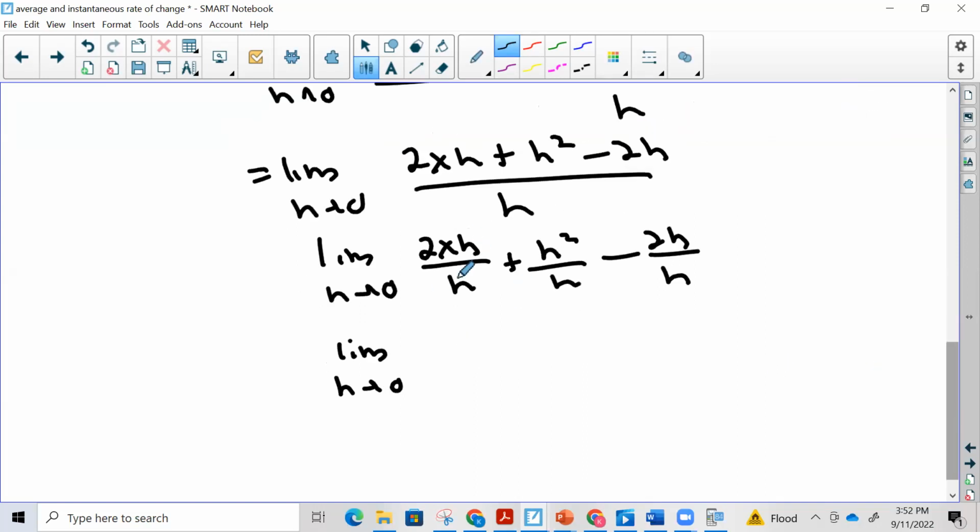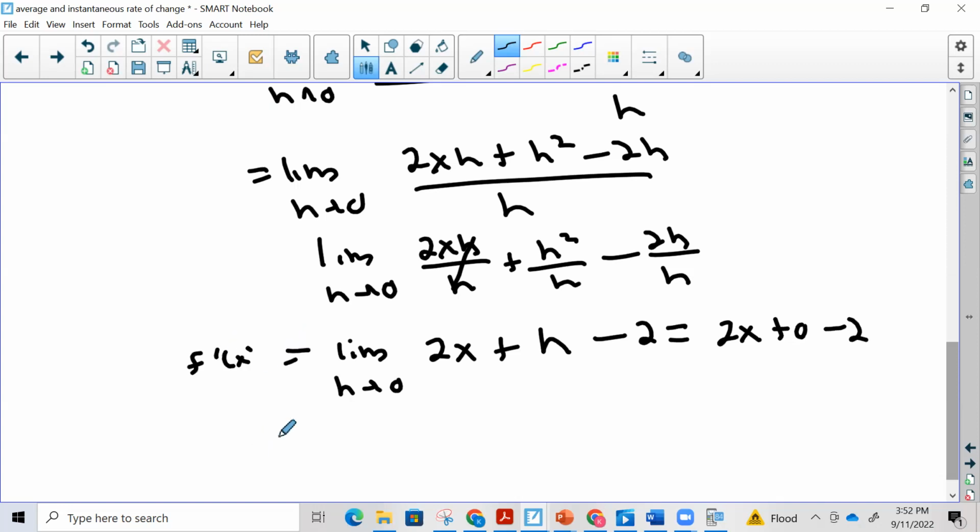So here the h's cancel, so I get 2x plus, here I get h to the first, and here I just get 2. So then now I can plug in my 0 for h. So I get 2x plus 0 minus 2. And remember, this is equal to f prime of x. So we're finding that f prime of x is equal to 2x minus 2.